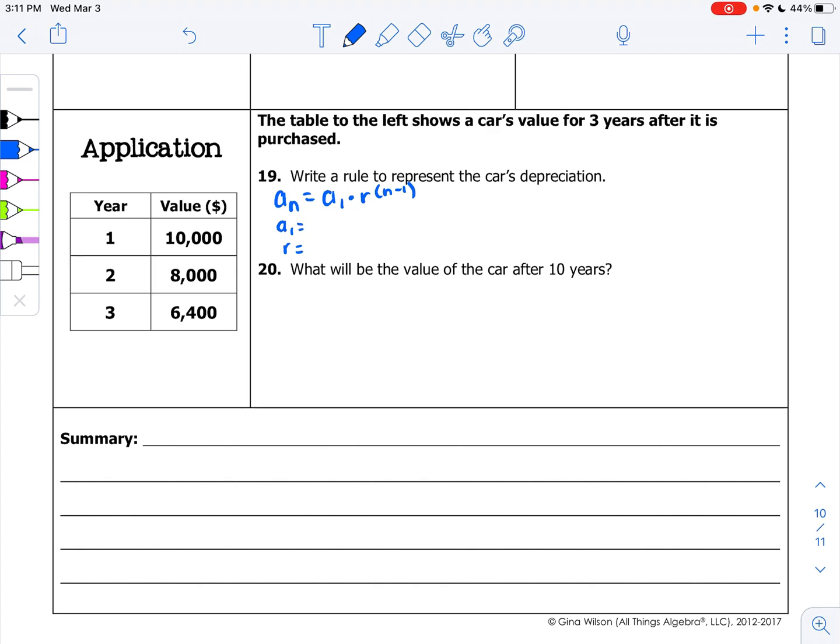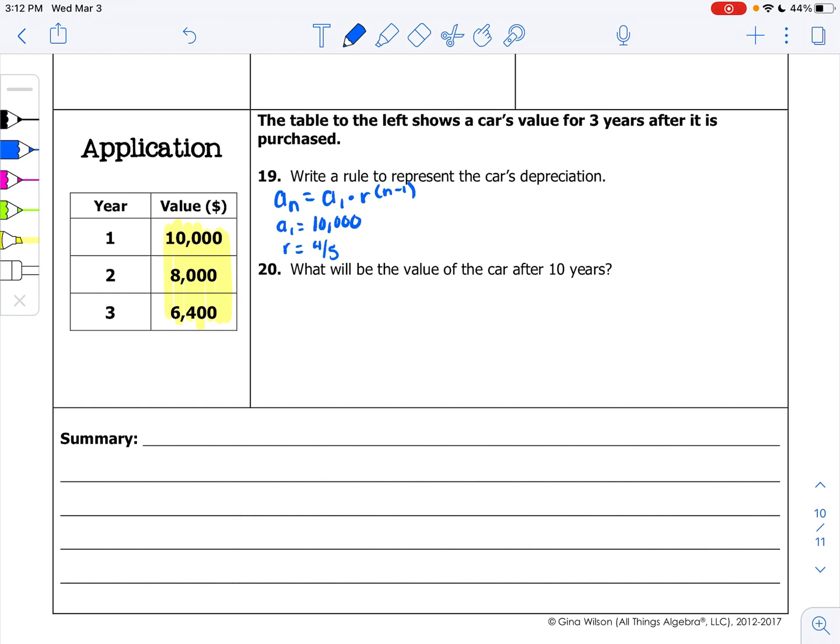So the first number in our ratio, as we look for our ratio, we're looking at the value. Okay, we're looking at just that column. So the first number is 10,000. And then to get our ratio, we're going to take 6,400 divided by 8,000. And we do get a fraction. So our common ratio is 4/5.